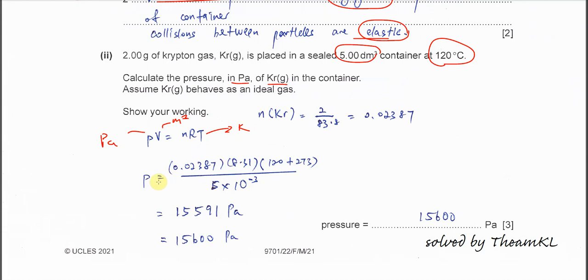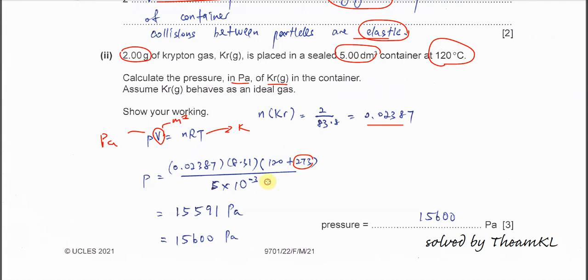Because in this question you need to get the pressure, you just move the V to the other side. So n is given in grams, you convert to moles, 2 gram over the molar mass, you get the mole, 0.02387, times the gas constant, times the temperature, so it's 120 plus 273. So we convert the degree C to Kelvin.